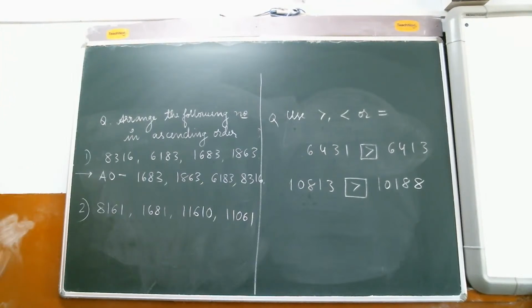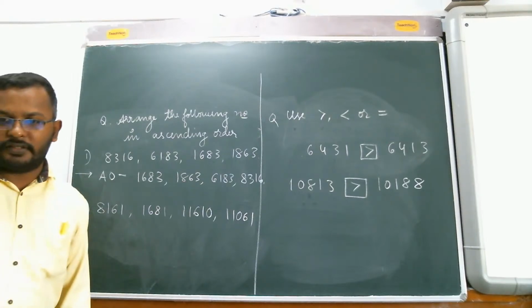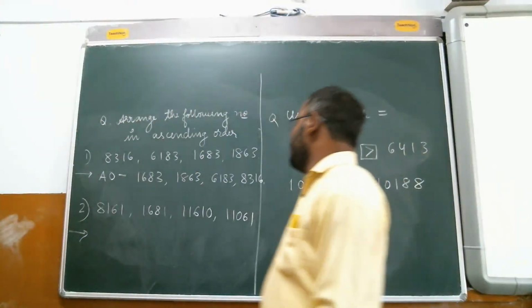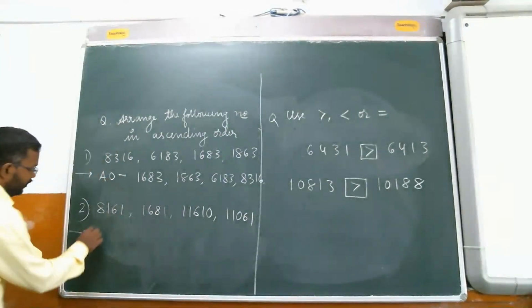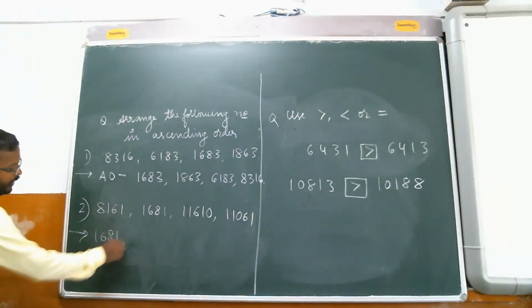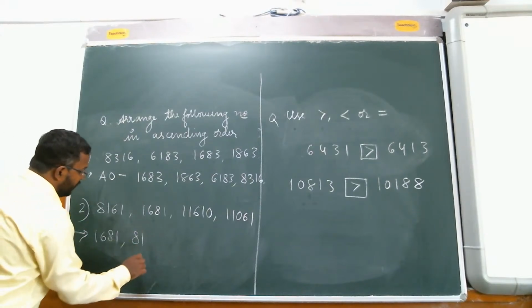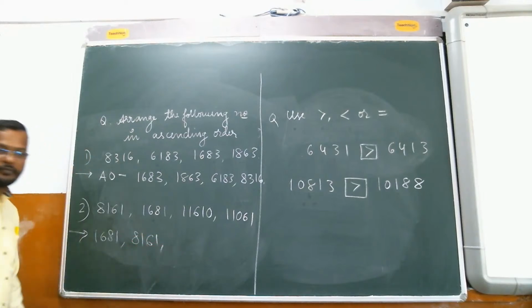So all of you do the next question now. Do the next one. Write your answers. So obviously, this is the smallest one, 1680. After this, we are having 8161.